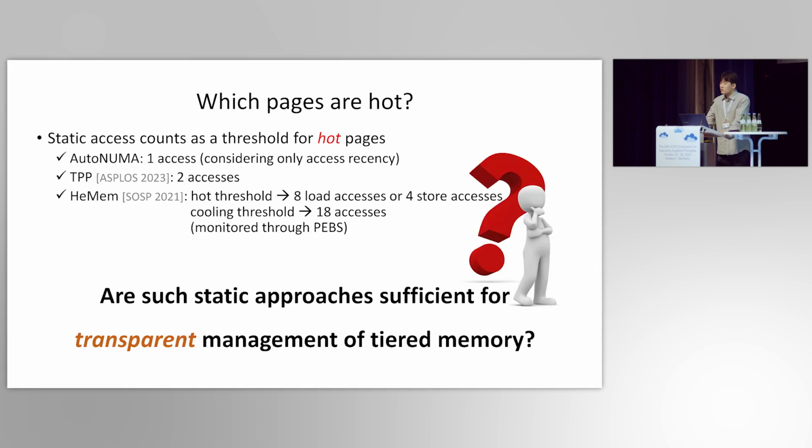As you may know, the quality of hot and cold page detection critically affects the effectiveness of tiered memory systems. But many recent systems still adopt static criteria for hotness detection. So our question is, are such static approaches sufficient for transparent management of tiered memory?